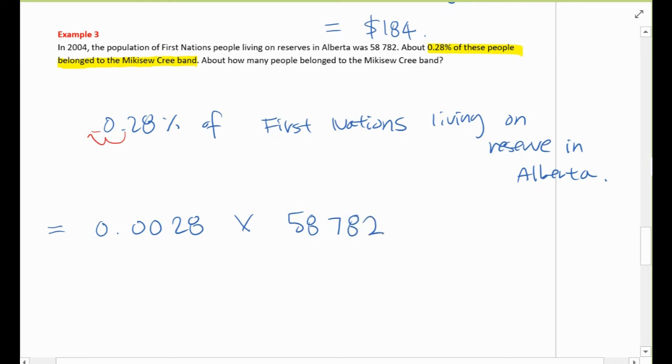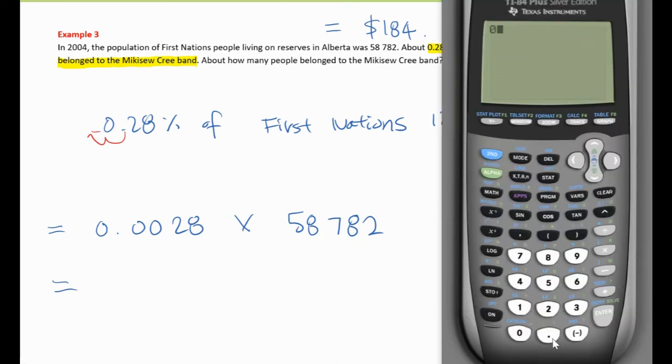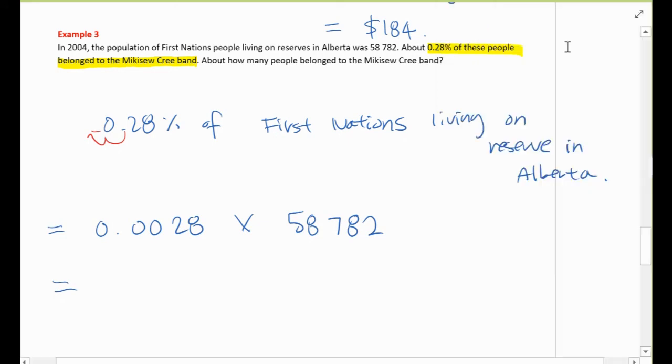We're going to calculate it using your calculator. 0.0028 times 58,782. The answer is 164.58. Let's round it to the whole number, because it's a number of people. So it's about 165 people.